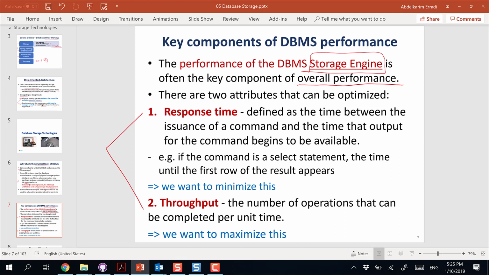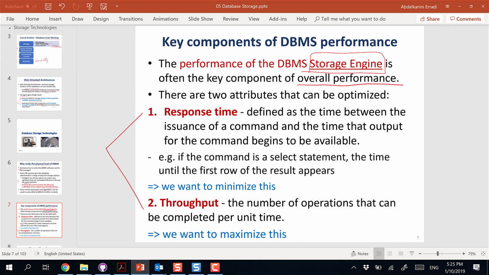The other metric that we care about when we talk about performance is the throughput. The throughput is usually measured in terms of how many units of work a particular system can complete within a unit of time. For example, how many queries can be executed per minute or per second. And for the throughput, what is our goal when we design our storage engine?